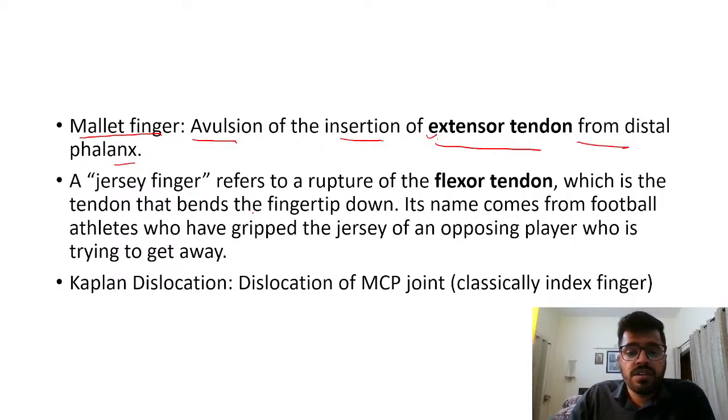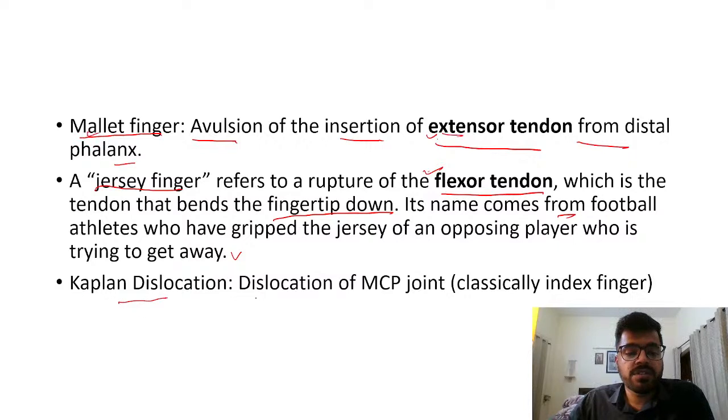Jersey finger is the opposite. It is the rupture of the flexor tendon, which is the tendon that bends the finger down. This name comes from football athletes who grip the jersey of an opposing player who is trying to get away. So the flexor tendon is injured in jersey finger and the extensor tendon is injured in mallet finger.